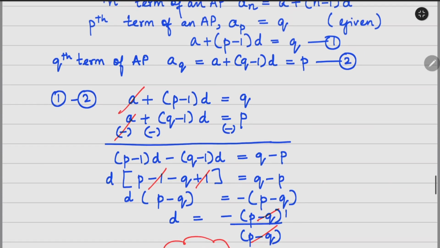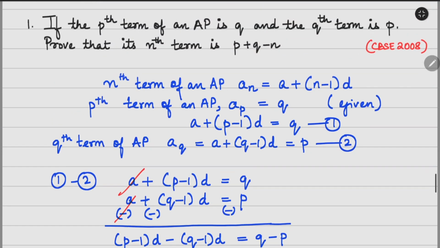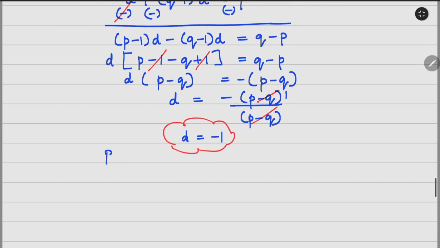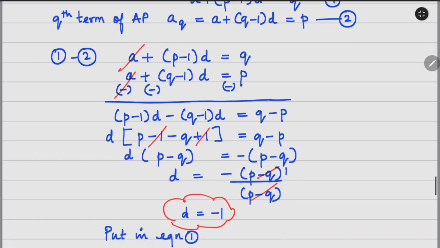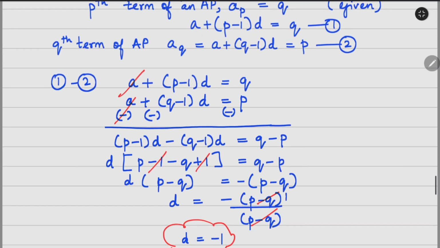Let's substitute in any one of the equations. Let's put it in equation 1. So what is your equation 1? a plus (p minus 1) into d, which is equal to q.